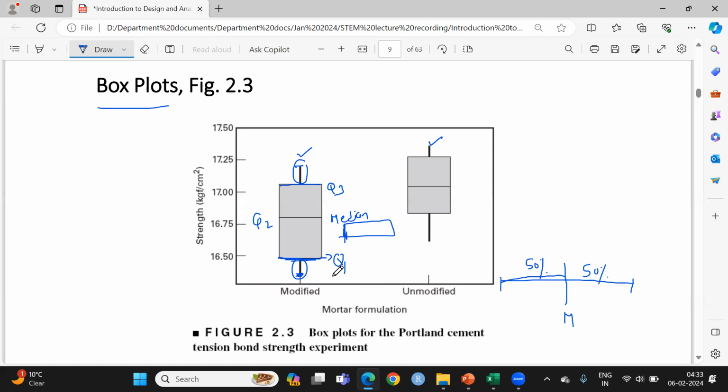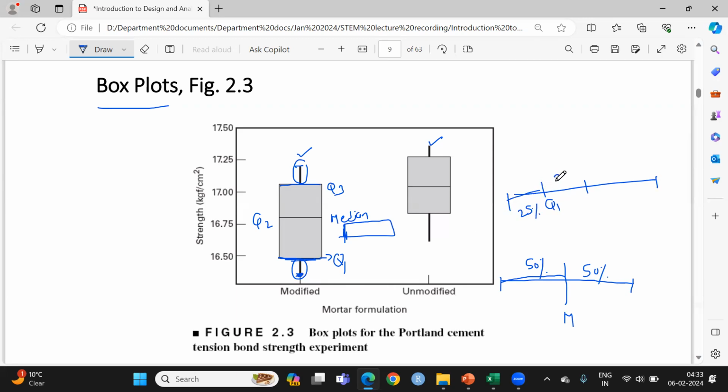So in the quartile, we are splitting the whole data set into four equal parts. The first part will consist of 25% of the data set, that means this section.